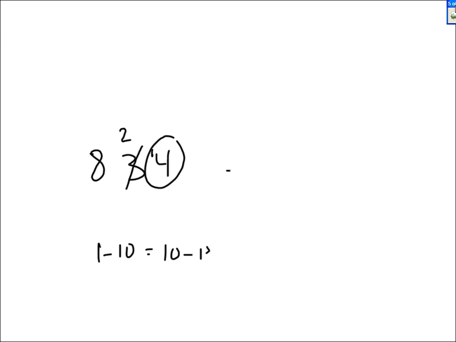If you have 834, I'm borrowing, these are the tens position. I borrowed 1 ten. Well, 1 ten happens to be 10 ones. And when you add 10 to that number, just put a 1 in front.